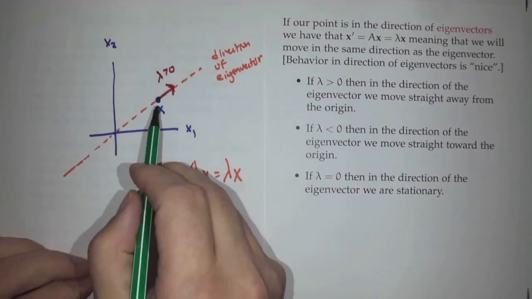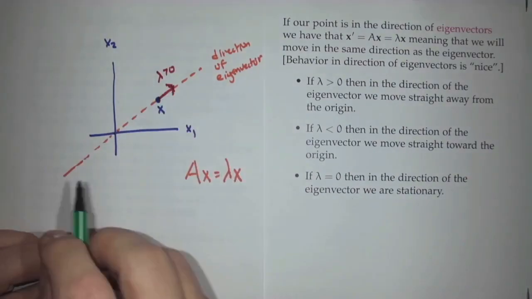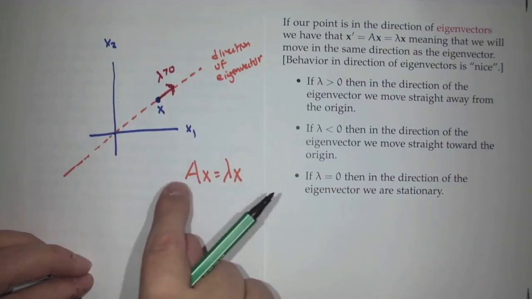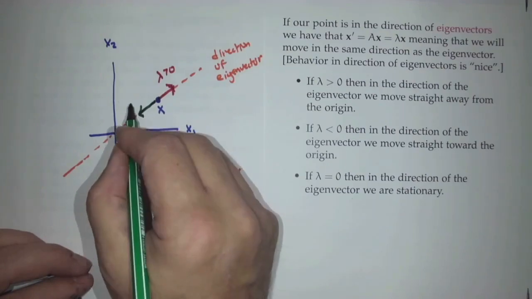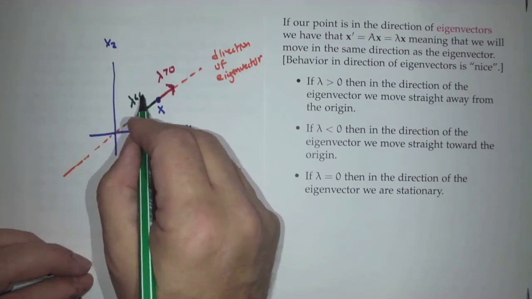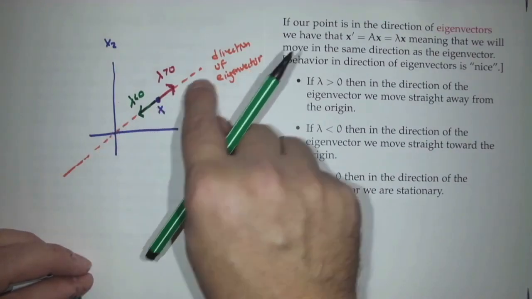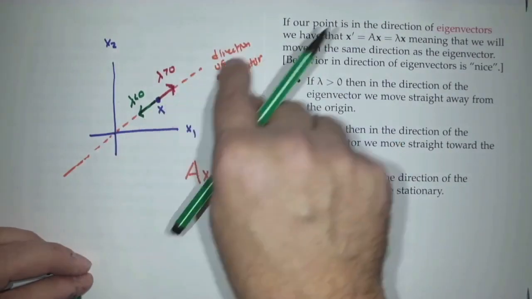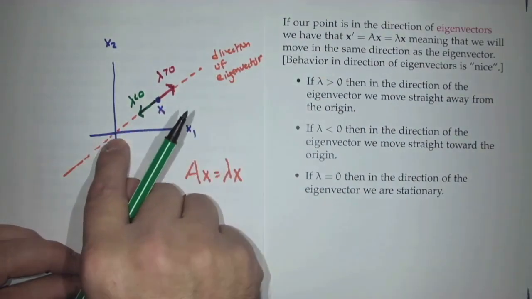Now where would we point? The origin. We point in the opposite direction because the negative sign says point the other way. So if lambda is negative, we're going to point towards the origin. So lambda positive, move away in that same direction. Lambda negative, move towards. We head towards the origin.